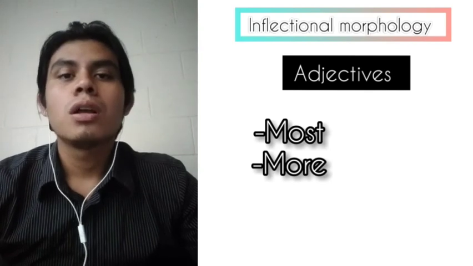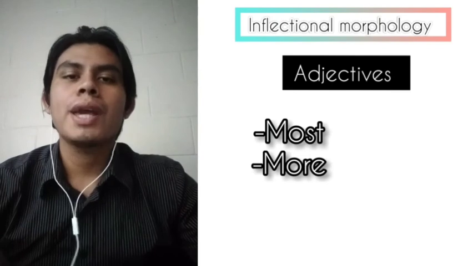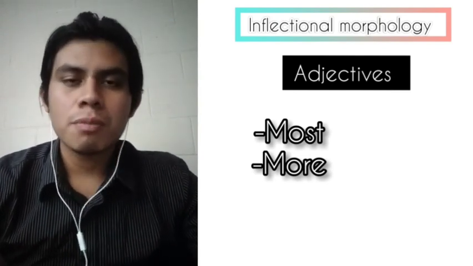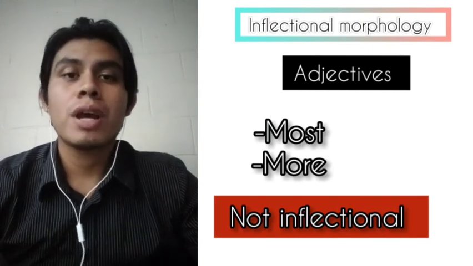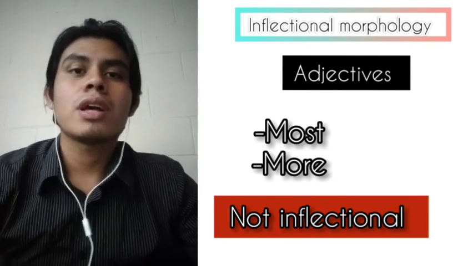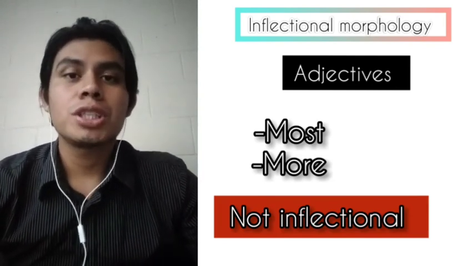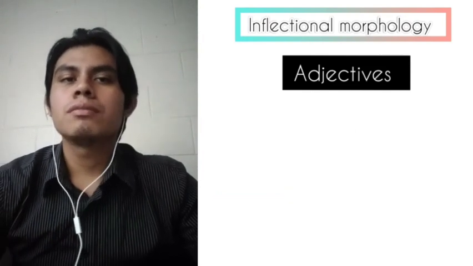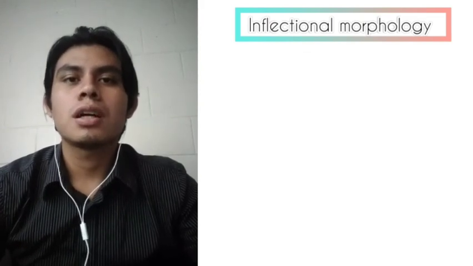If we want to make it superlative, we say the most beautiful, right? But we have to take care about this because those are not inflectional morphology, right? Because as I mentioned, we inflect the word without changing the meaning. And that's the adjective where the inflection occurs.